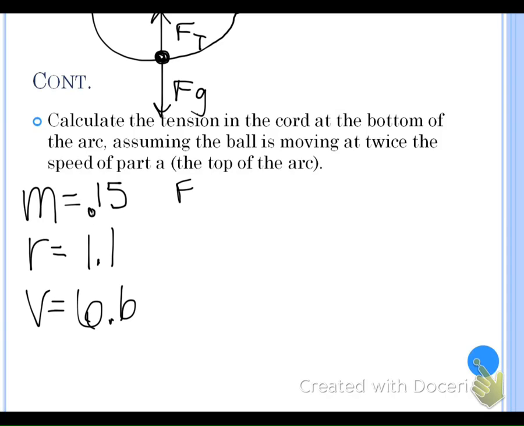So now when we look at our F net or F sub r equation, we're going to take force of tension minus force of gravity. Okay, does everyone see that F sub r and F net should be the same thing? That's our overall centripetal force. Are we clear on that? Okay. So we're going to take tension minus gravity.